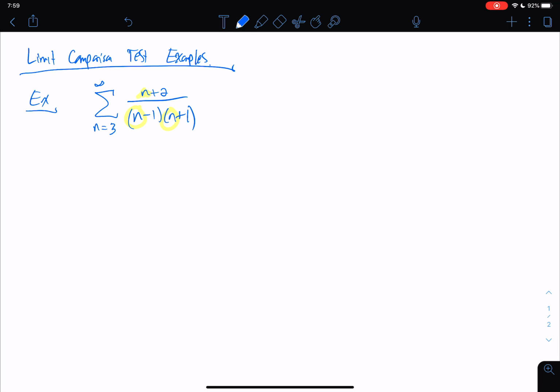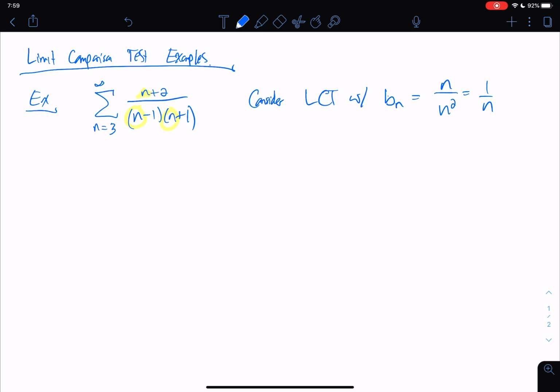So what we did in class is consider the limit comparison test with b sub n, which is the highest power term in the top, n, over the highest power term in the bottom, n squared, which simplifies into 1 over n.